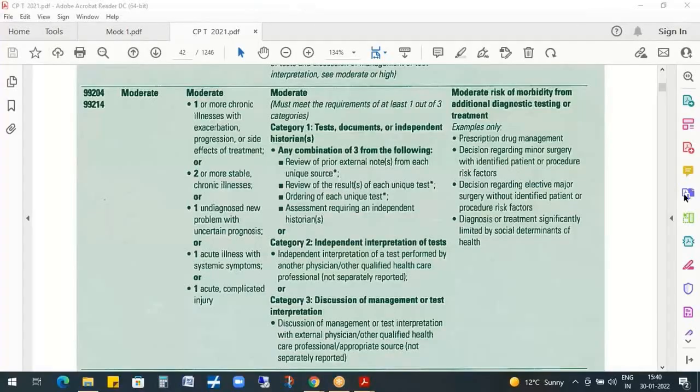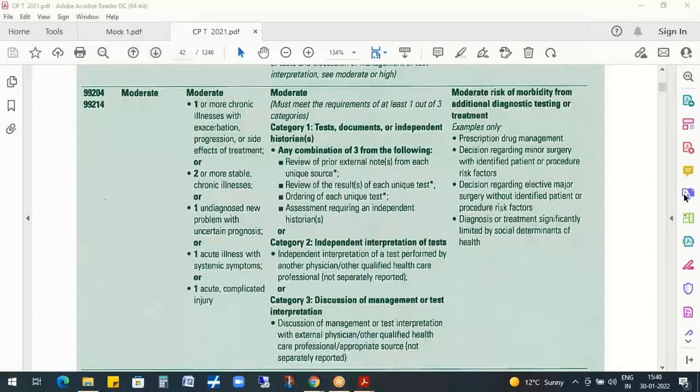Sir, once explain to me where to focus in these case study questions. For E&M, only MDM.